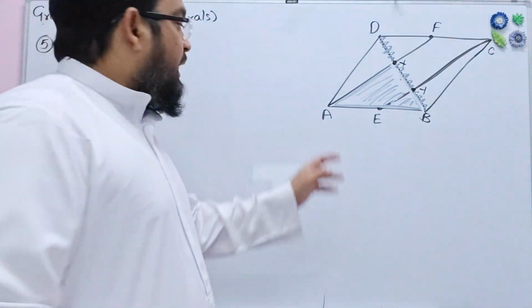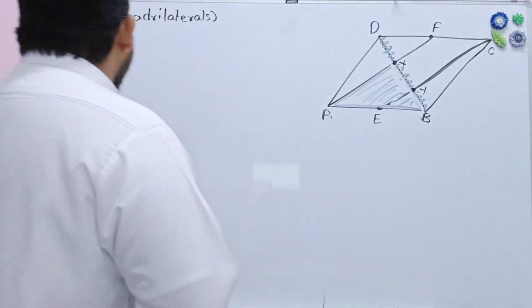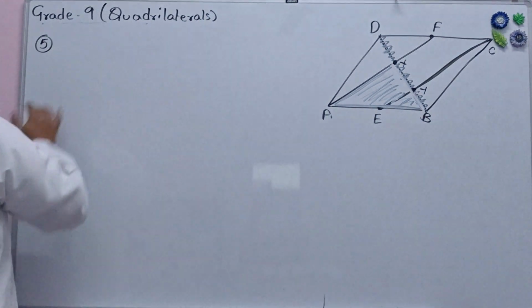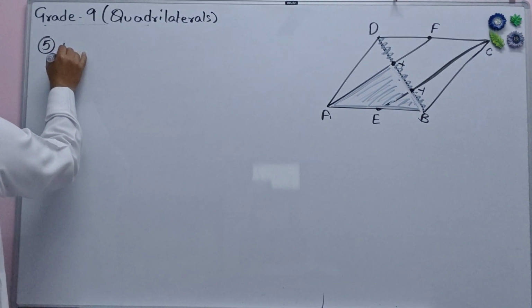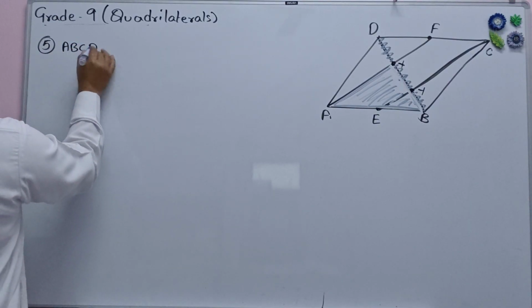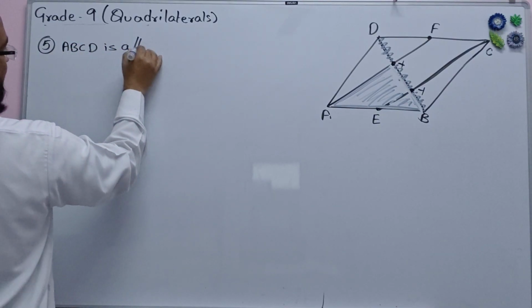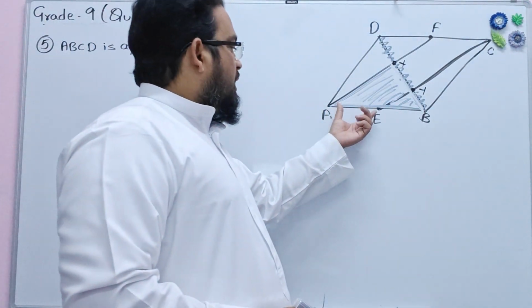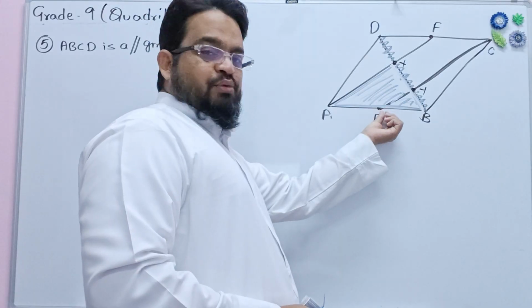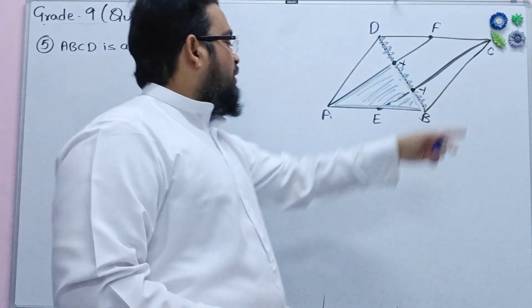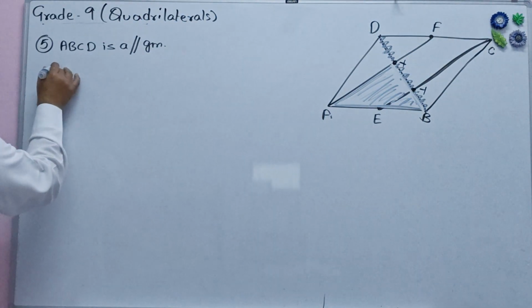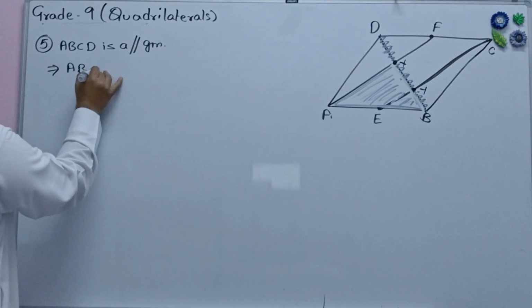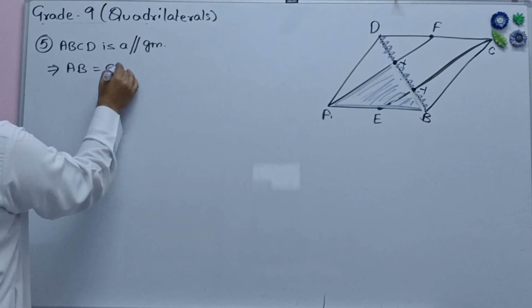Okay, now understood. See, since ABCD is a parallelogram, what is given? ABCD is a parallelogram, right? So that means what, my dear students? E is midpoint and F is midpoint. That implies AB is equal to CD, right?